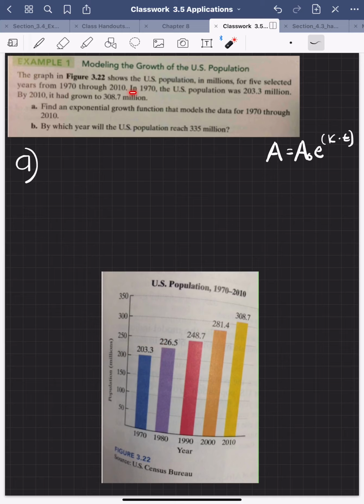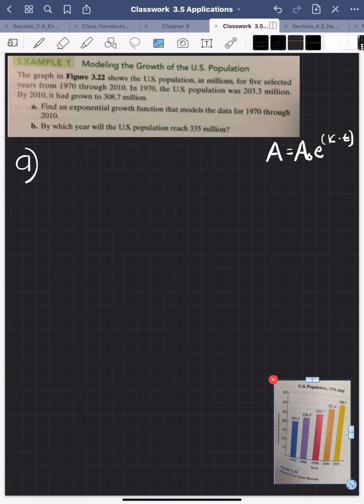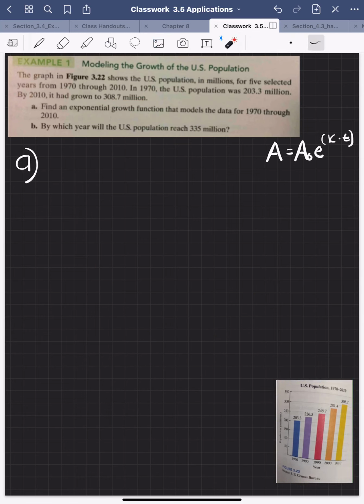By 2010, it was 308.7 million. Now comes the part where we find out what they want us to do. We want to find an exponential growth function that models the data for 1970 through 2010.